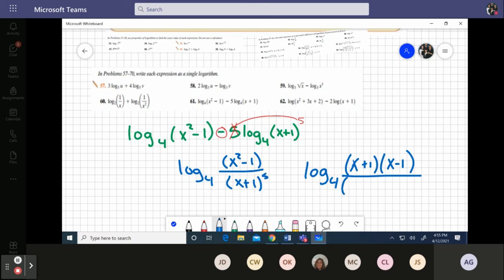I could write that as x plus 1 times x plus 1 to the, if I took 1 out of there, I would still have a 4, right? And those will reduce. So now my final is x minus 1, x plus 1 to the 4th power.